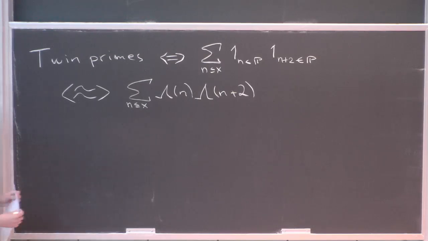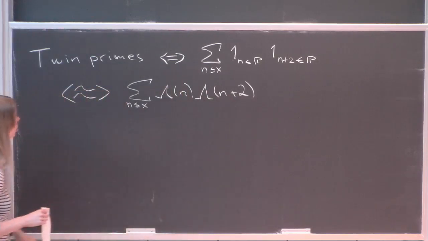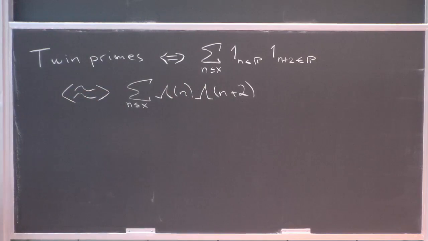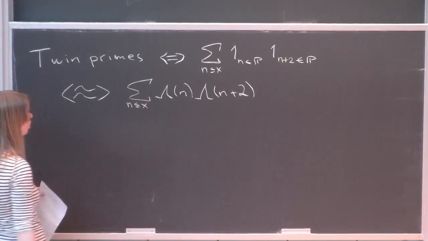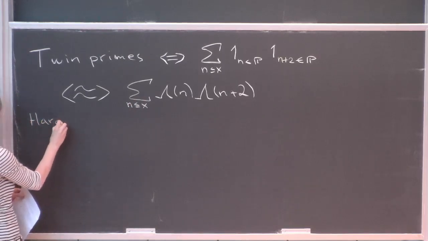In general, I want to talk about, instead of having 2 here, having h here, which is similar. And then, because we can't do twin primes, I want to average over different h's. But let's first state what we expect to be true for such a correlation. It's the Hardy–Littlewood conjecture.